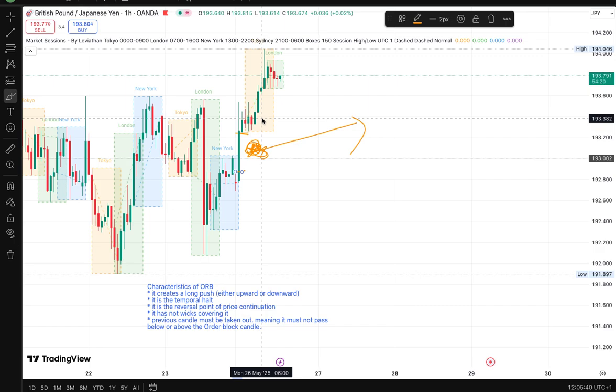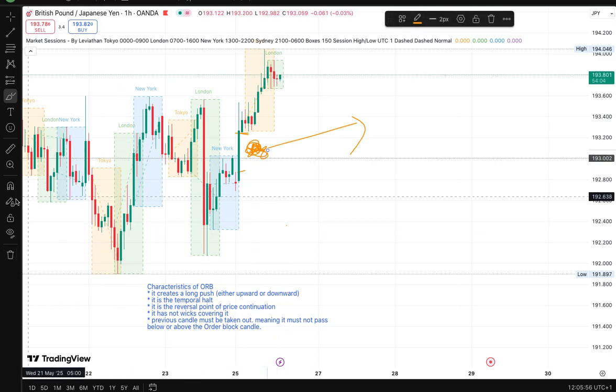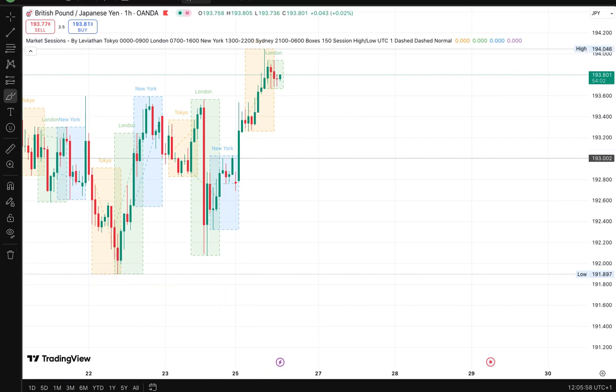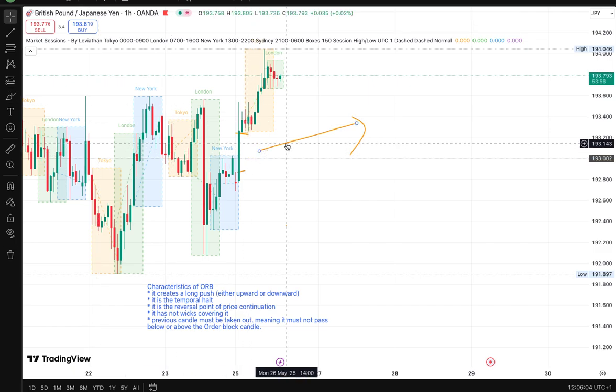Do you understand? So it is very, very important that you understand what an order block means. When you see order blocks, it is going to be very easy for you to understand other, what's it called, other charts. All right. So let me just delete this before I go into what I want to explain.